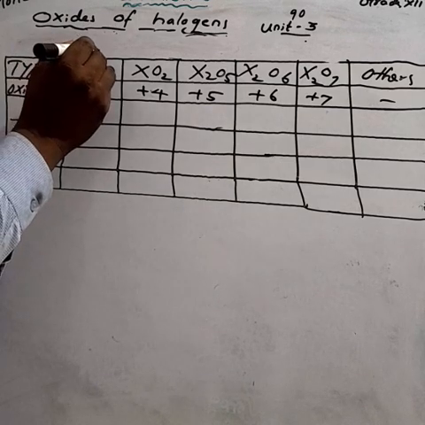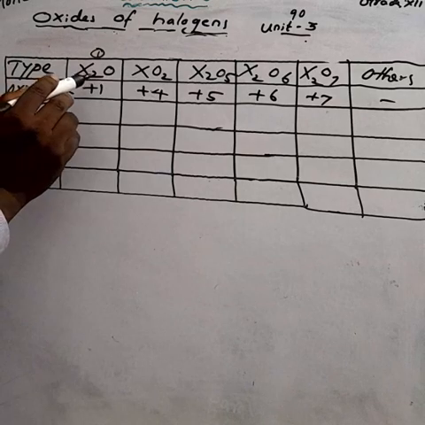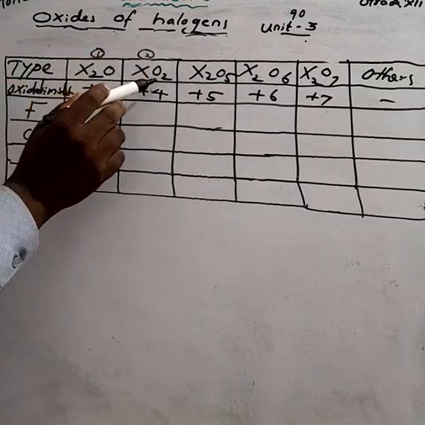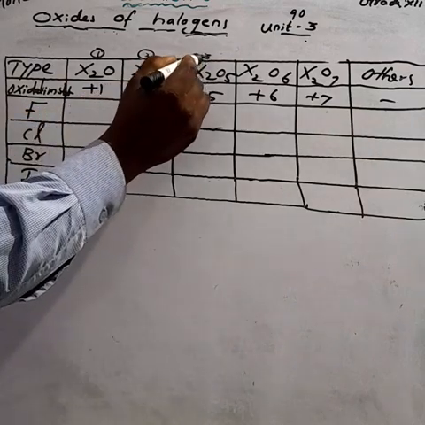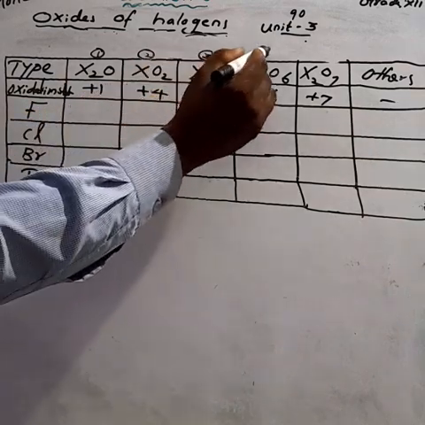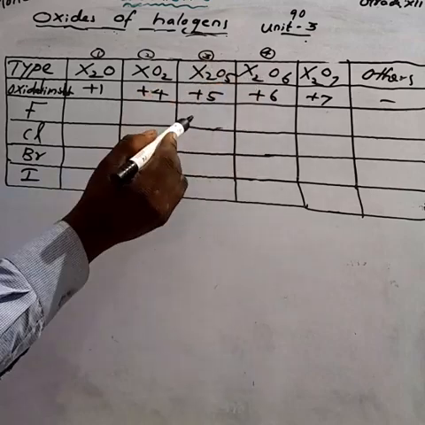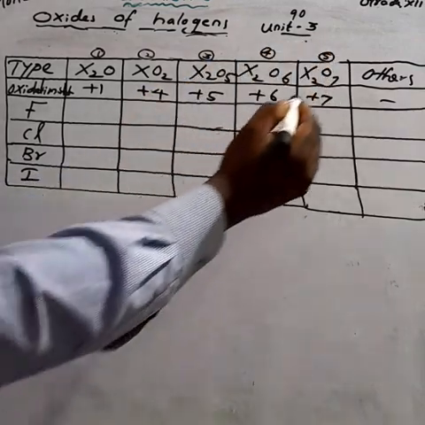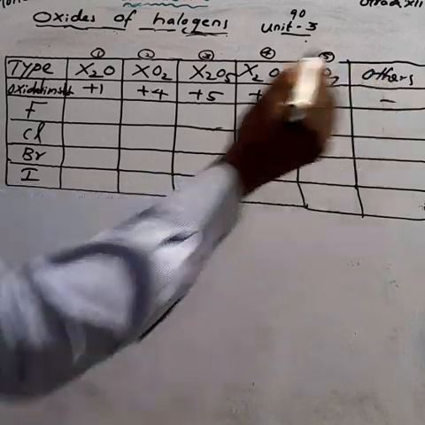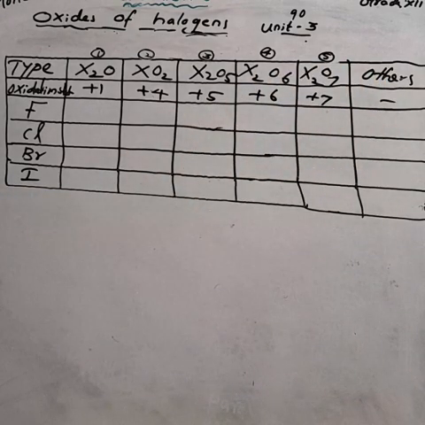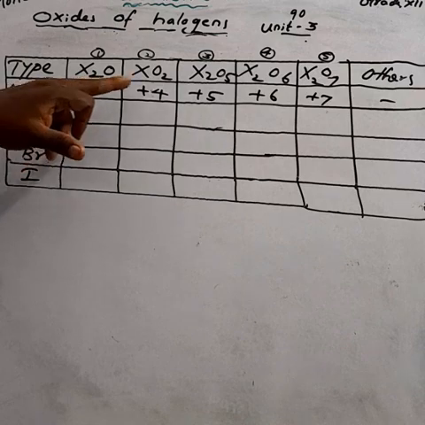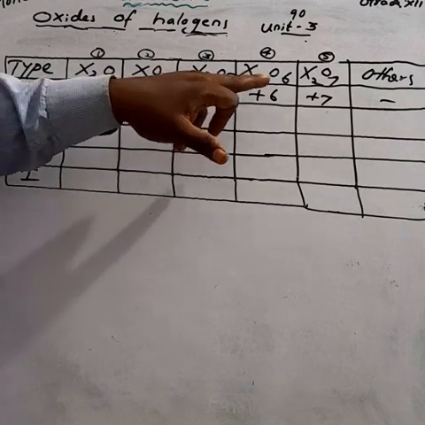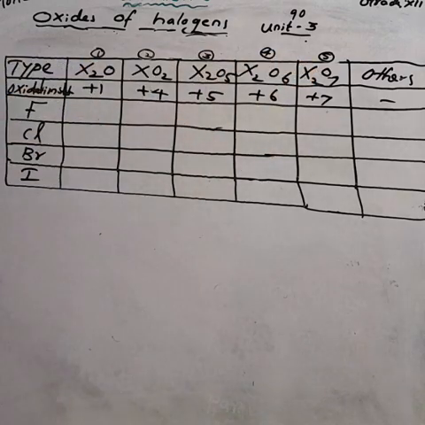What are the 5 types? X2O, XO2, X2O5, X2O6, and X2O7.